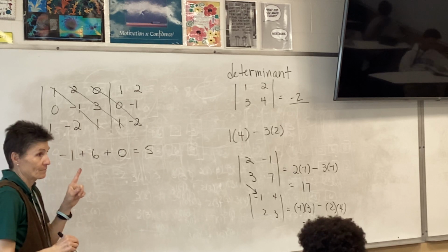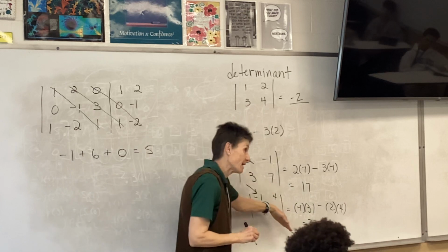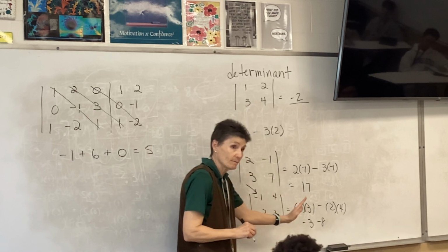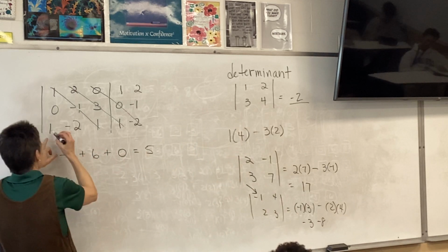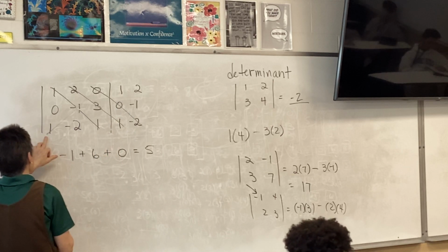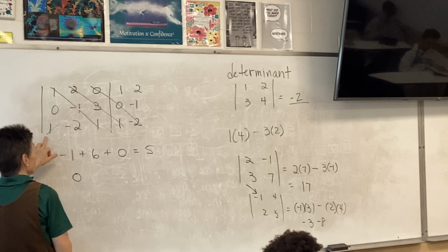Not done. Now we have to go the other direction. Remember on the 2x2s, how we did that diagonal and then we did this one? That's what we're going to do. We did the downs, now we're going to do the ups. So multiply these together, what do you get? Ooh, watch it. 0. Remember, times 0 is 0.